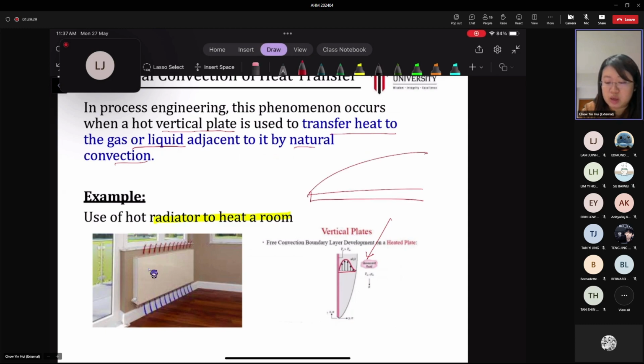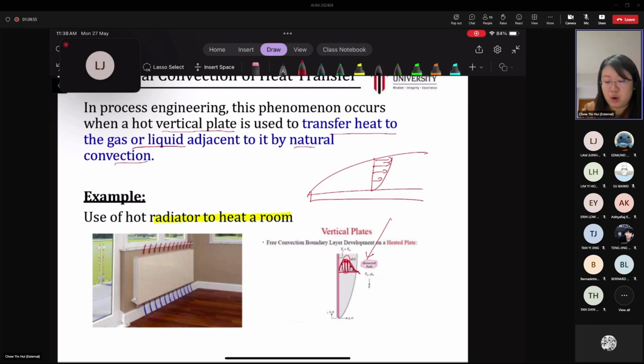Our velocity profile looks something like this. But if you compare here, if it's natural convection, you notice that the velocity profile is somewhere like this, where the higher flow rate occurs somewhere still not very far from the plate. When it's at a distance away from the plate, the velocity almost comes to zero.